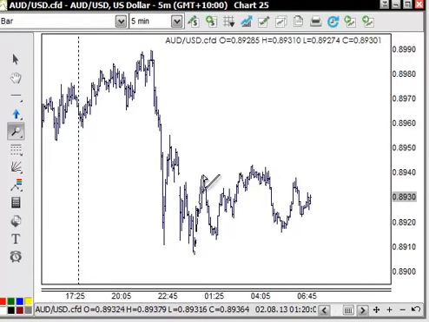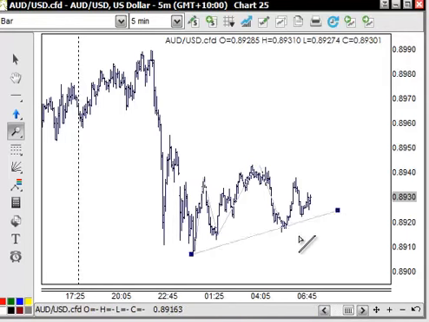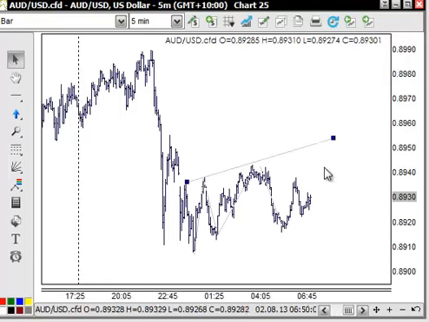And this A, B, and C wave here, that's the three-wave structure, which makes it corrective. What makes it corrective is the fact that this has moved down so far through here, even though it's offering good support, so to speak. It can just be the A wave as well, so there can be more to come.